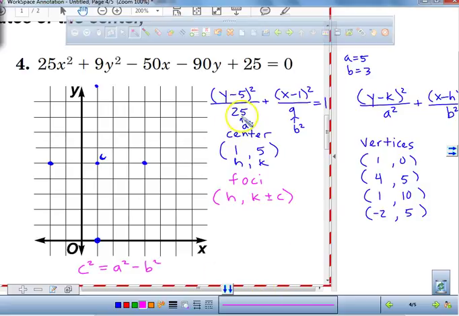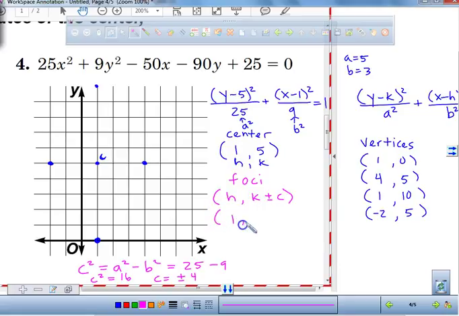Our a squared is 25. Our b squared is 9. So all I have to do is take 25 and take away 9. So c squared equals the number 16. So c equals plus or minus 4.